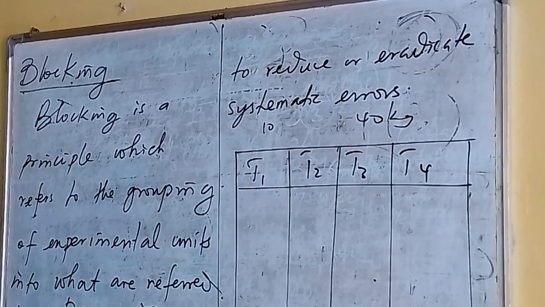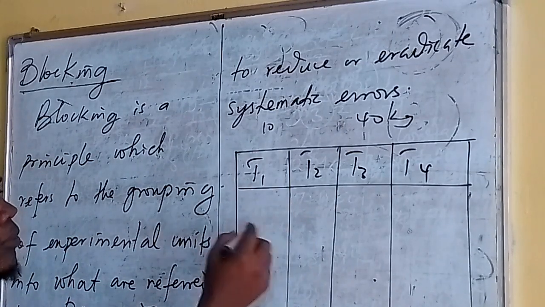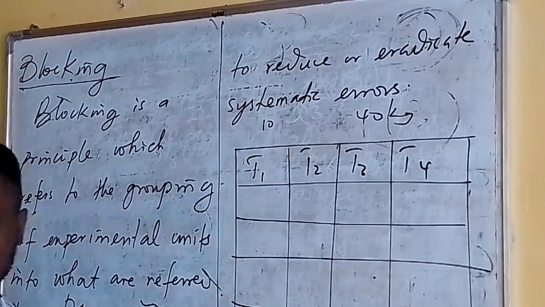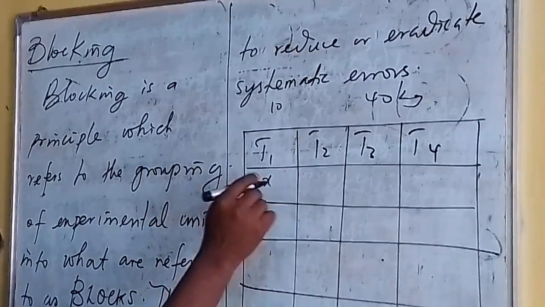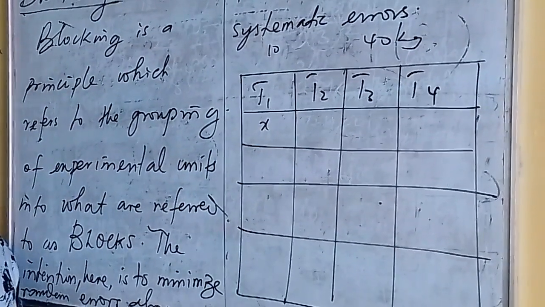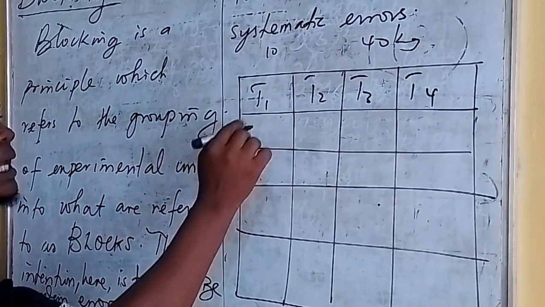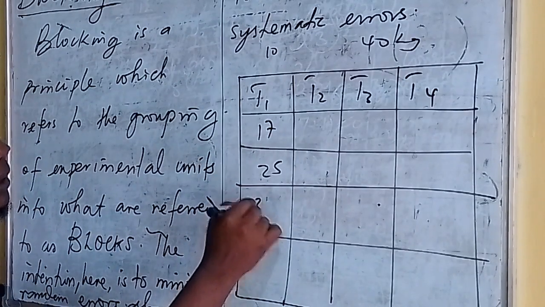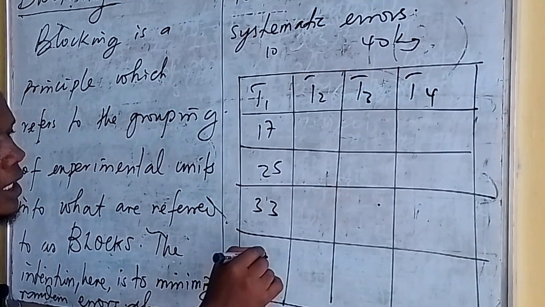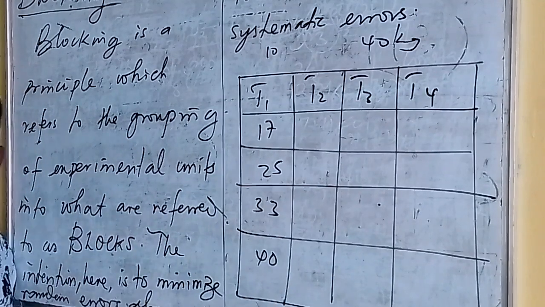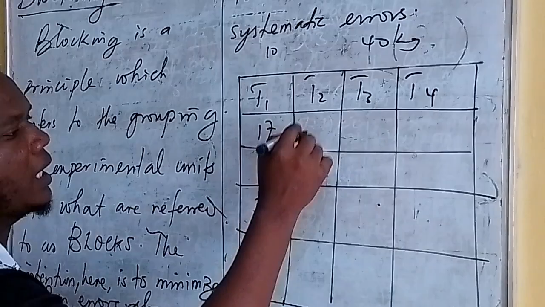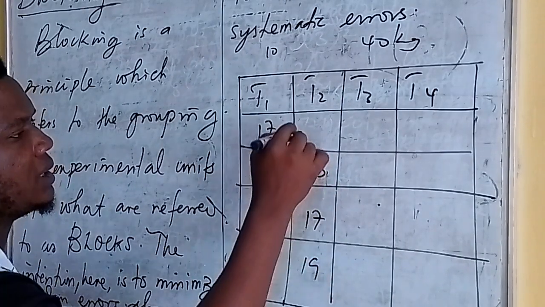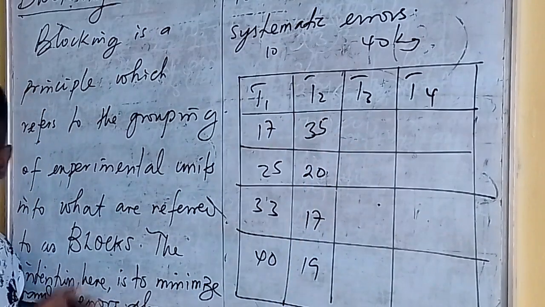Now, without blocking, if numbers had been assigned randomly, I could have had weights like 17, 25, 33, 40, for instance, in this one. I could have here 20, 17, 19, 35.